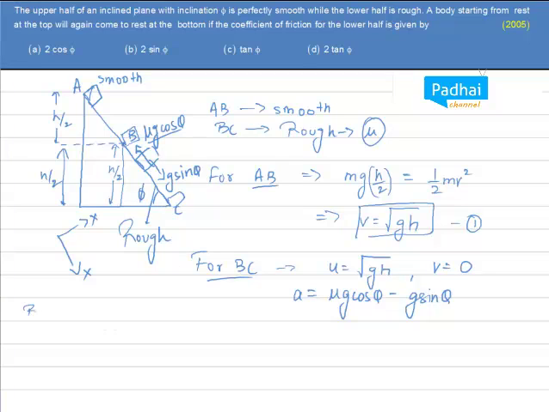So BC will be equal to h upon 2 sine phi, because sine phi over here will be equal to h by 2 upon BC, and BC will be equal to h by 2 upon sine phi. Is that right? So this is the distance which I have to move. That means x or s will be equal to h by 2 sine phi.